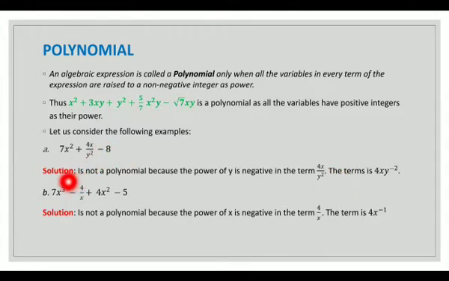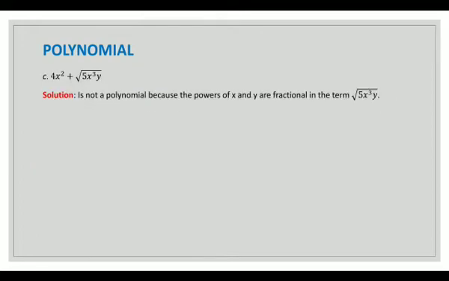The second, 7x cube minus 4 upon x plus 4x square minus 5. It is not a polynomial because the power of x is negative in the term 4 upon x. When x goes in the numerator, the power becomes minus 1. The term is 4x raised to minus 1. So it is not a polynomial.